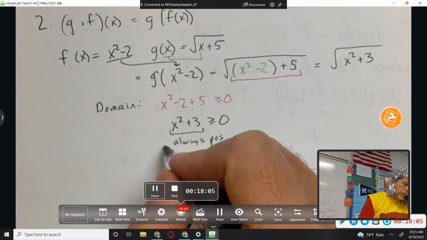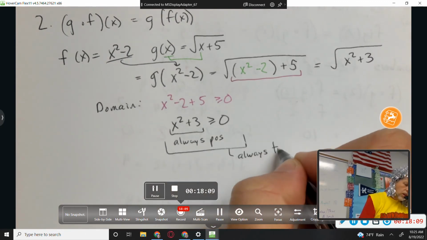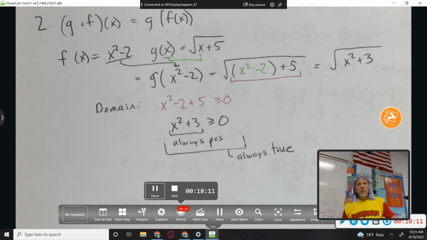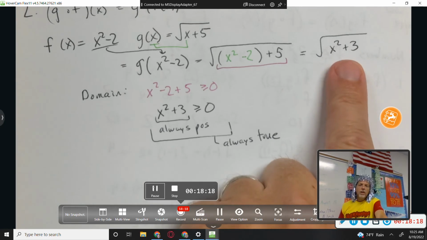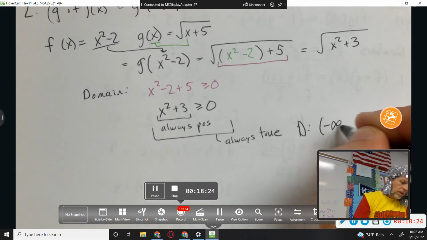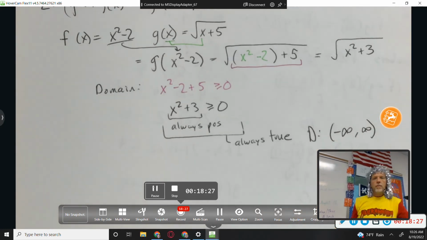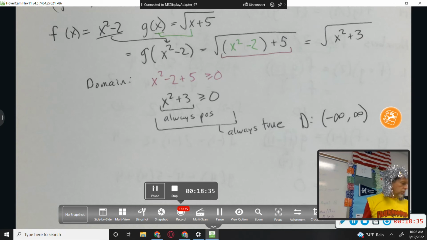Which means this statement is always true, which means it doesn't matter what x is. Because if we square it and add 3, we can put in anything we like and be able to square root it. So my domain for this one would be all real numbers. So a couple of tricky domain things going on when we start combining functions, or doing composite functions.